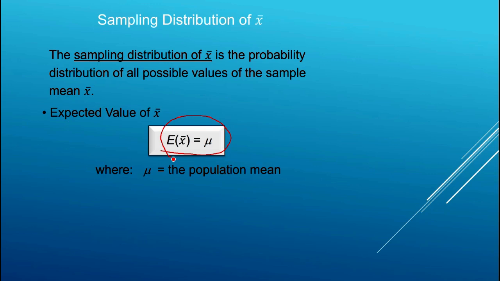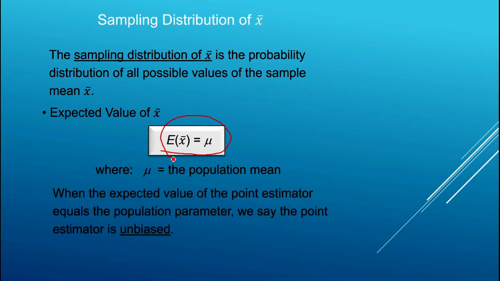Okay, but I'm going to be at the right spot on average. Right, that's what it means for the estimator x bar, the sample mean, to be an unbiased estimator of the true population parameter, the population mean. Unbiasedness is a very important property in a point estimator. It's not the only important property, but it's one of the most important properties. Okay.